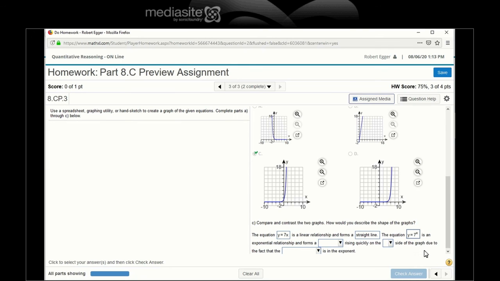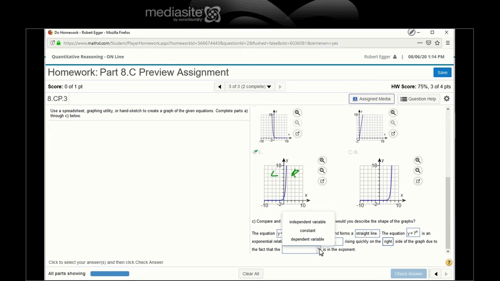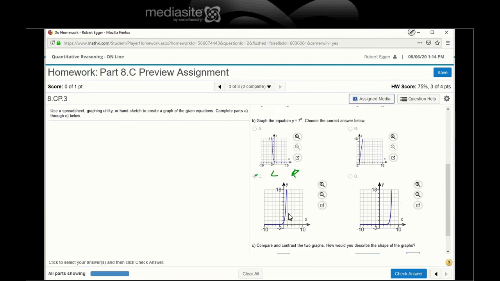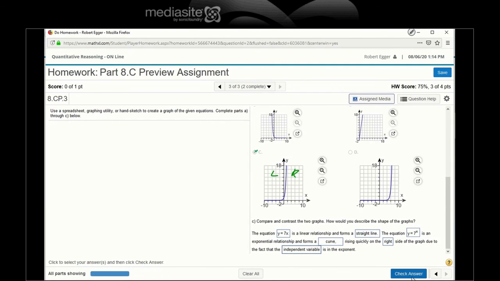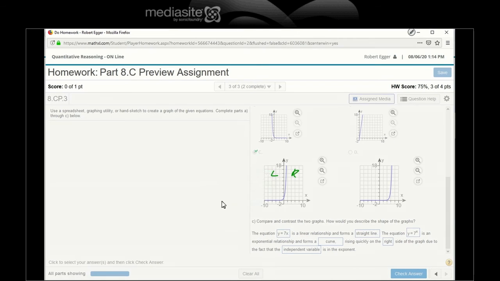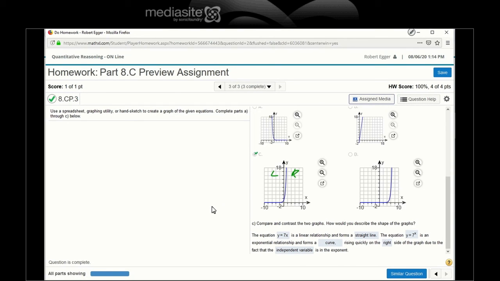The other guy, 7 to the x, is an exponential relationship and forms a curve, which rises quickly on the right side of the graph, due to the fact that the independent variable is an exponent, because x is the independent variable. Here we go. All right.